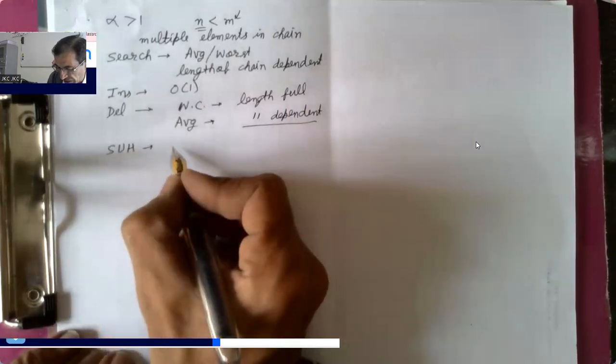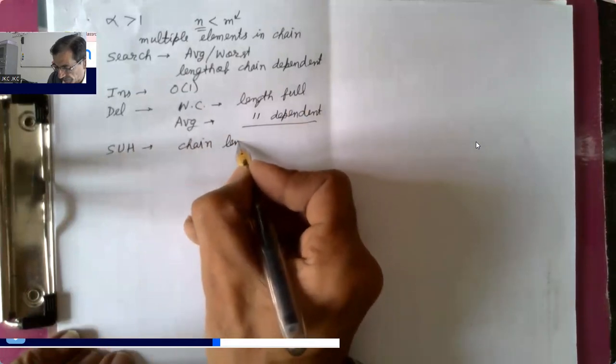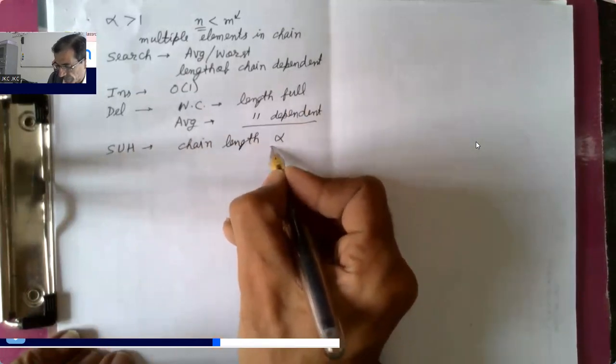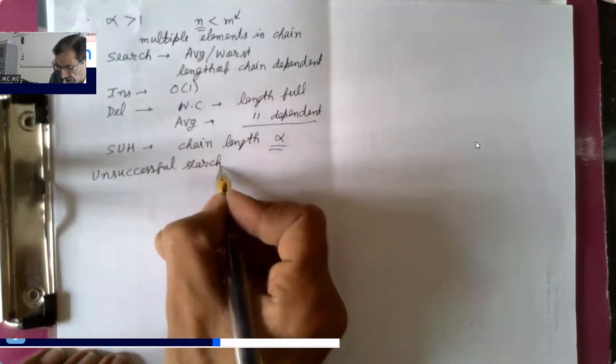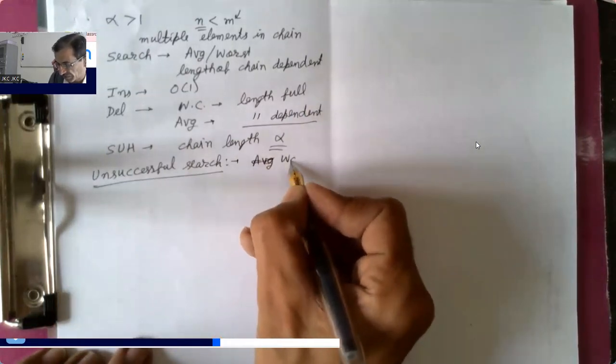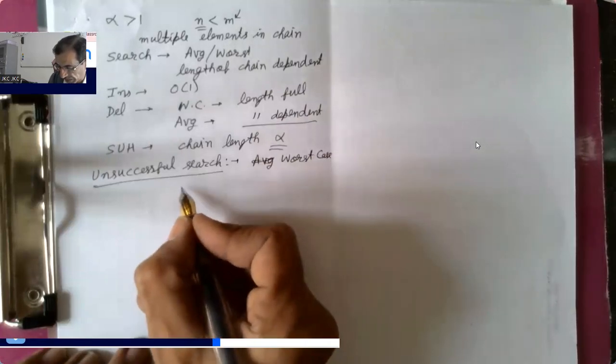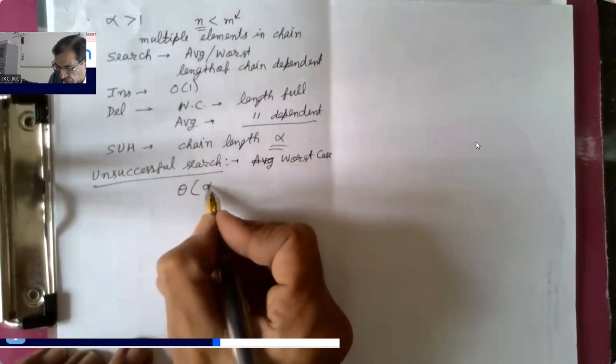So if I have SUH, my chain length on average is going to be alpha. So if I have an unsuccessful search, things are simple. How much time am I going to take? Unsuccessful case on average, or even if I say worst case, the full length will be traversed, guaranteed theta of alpha.